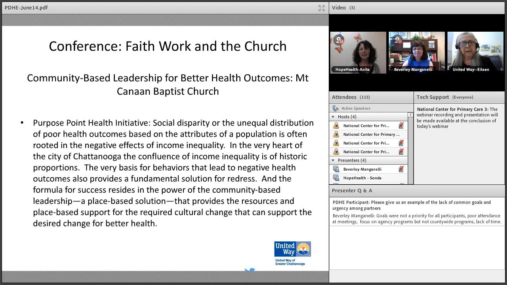They can get food from the food bank for so much per pound, and they're getting fruits and vegetables to distribute. I know that they'll do more around that. They want to do more around wellness and exercise. They're calling it the Purpose Point Health Initiative from the Mount Canaan Baptist Church. So I'm working on an environmental scan.